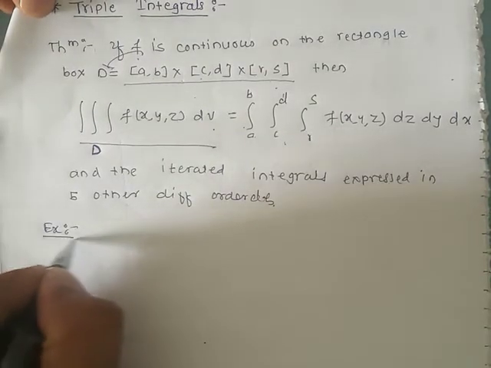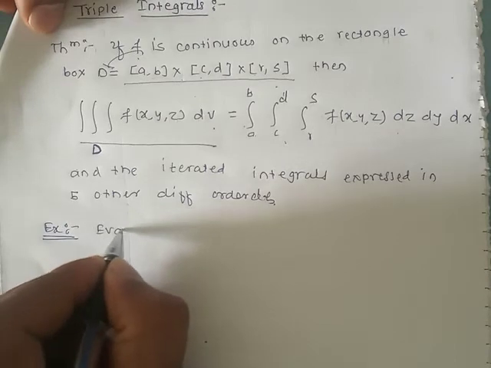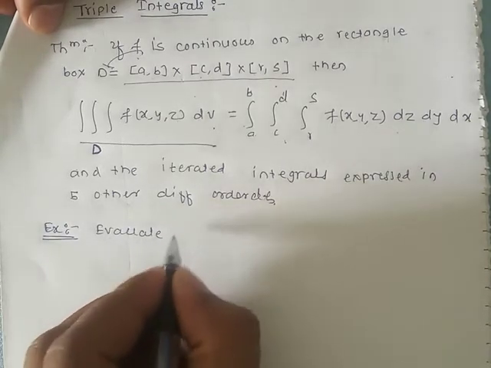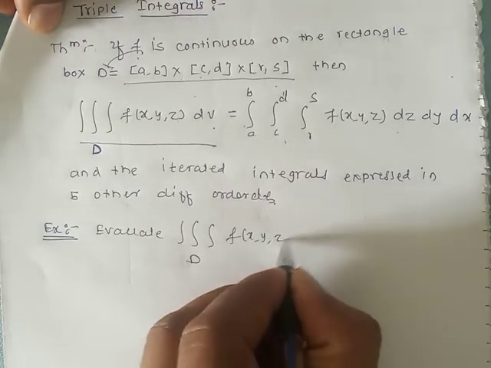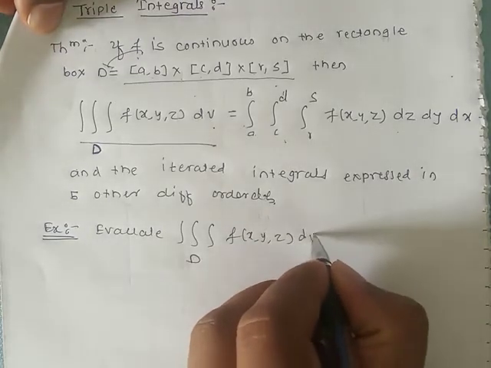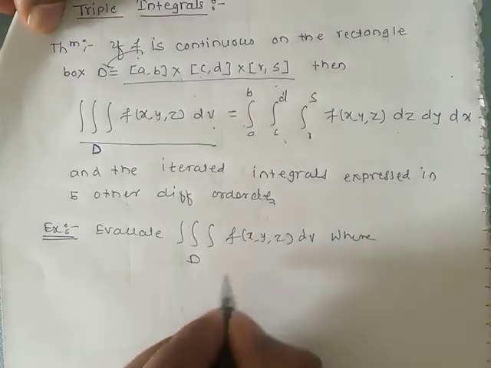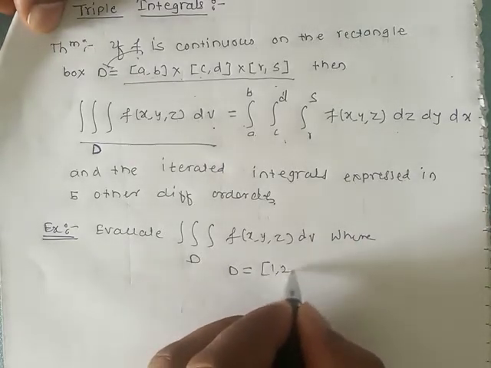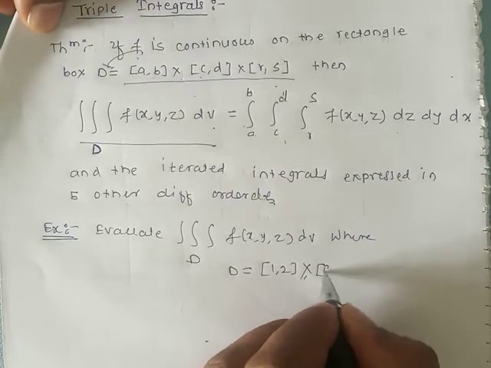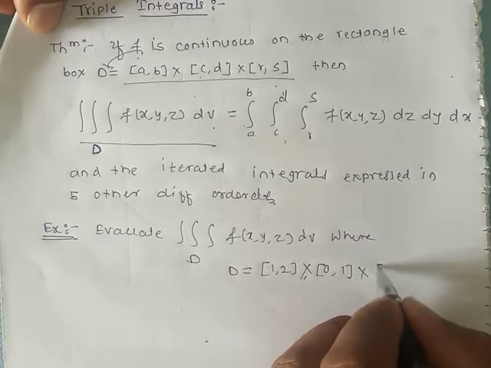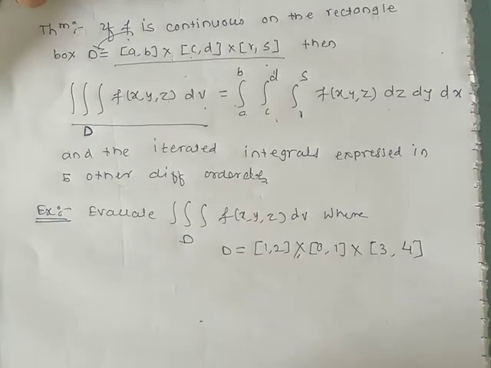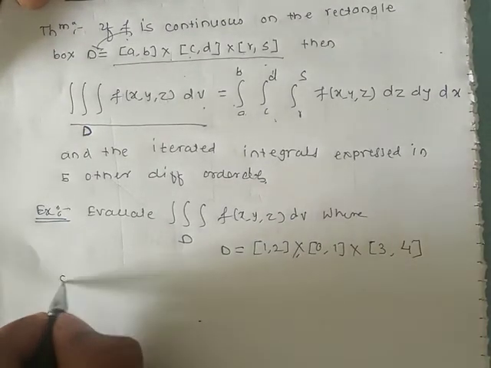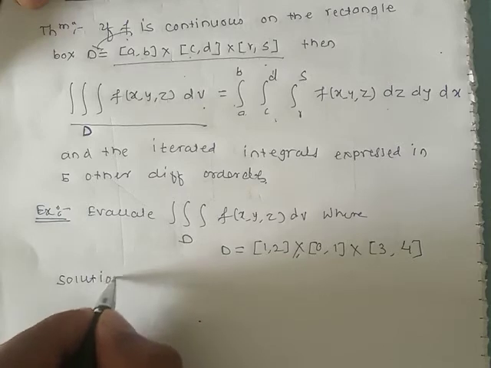So the example is: evaluate the triple integration of f of x, y, z dV, where this D is equal to [1, 2] cross [0, 1] cross [3, 4]. Now we have the integration of this by using the Fubini theorem.